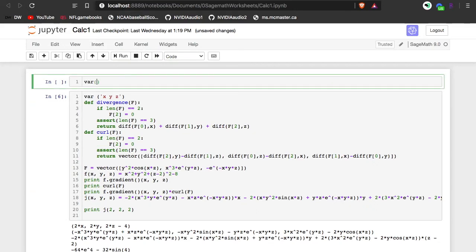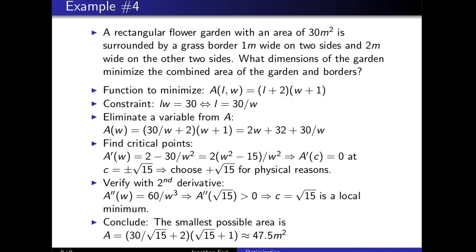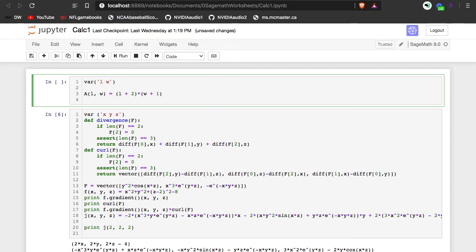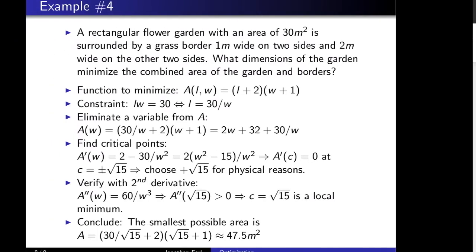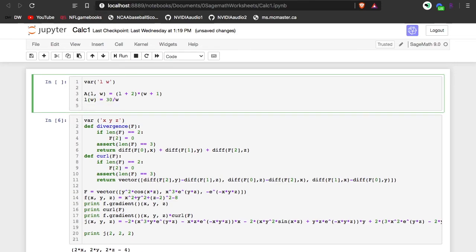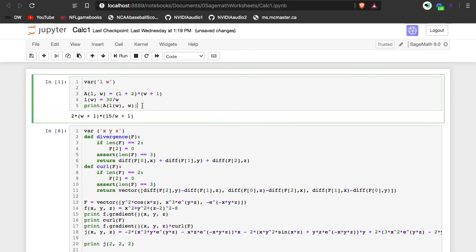We said that we have the variables L and W, and that the area of L and W is equal to L plus 2 times W plus 1, and we also said that L as a function of W was equal to 30 over W. So we could get A of L of W and W. All right, so that would be our area expression for W.